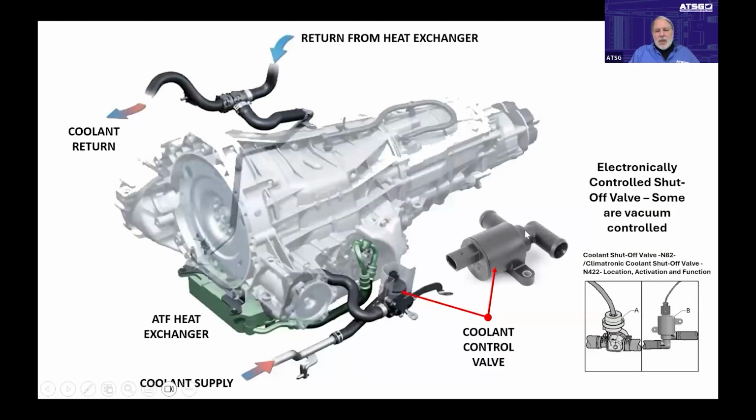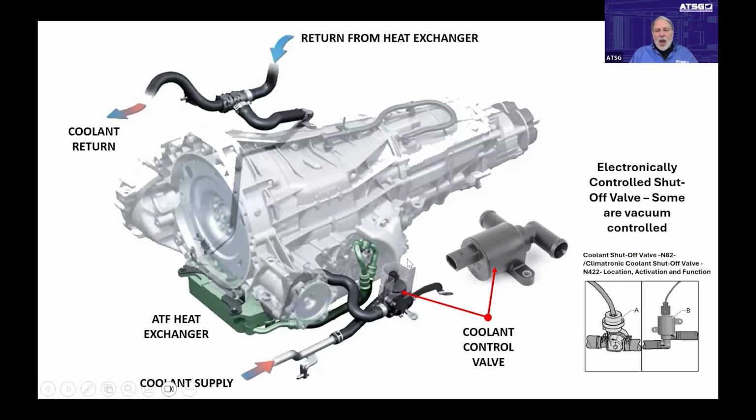It just so happens on this particular application that you have a coolant control valve located right next to the transmission, controlling coolant going to the heat exchanger that's underneath the converter housing right over here. There are different types: vacuum types and electrical control type coolant control valves, so you have to order by VIN number.